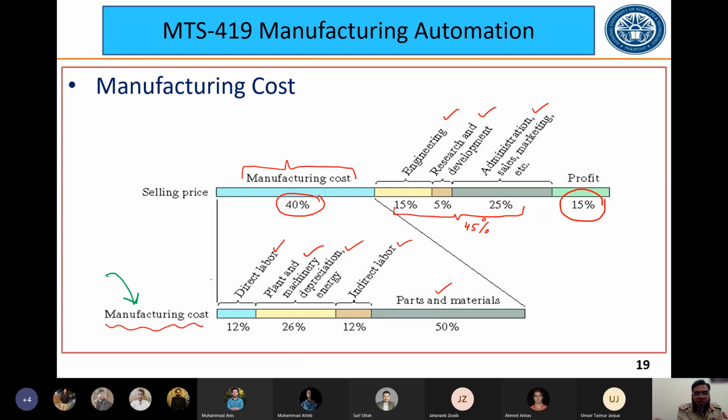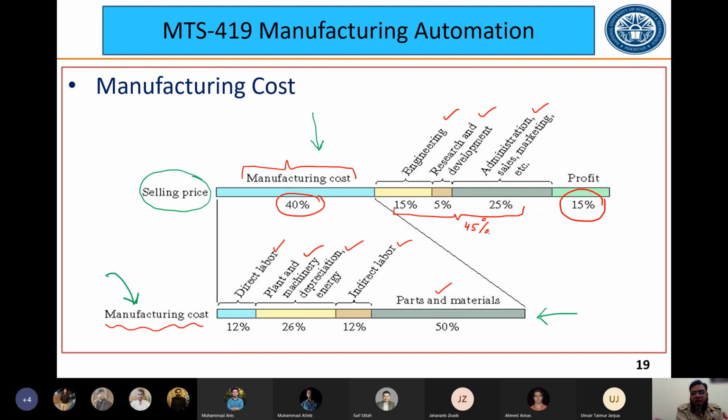Now this 100% which is here actually goes as 40% into the selling price. So whatever selling price I want to fix for my part, my product, in that these manufacturing costs will make a 40% share.